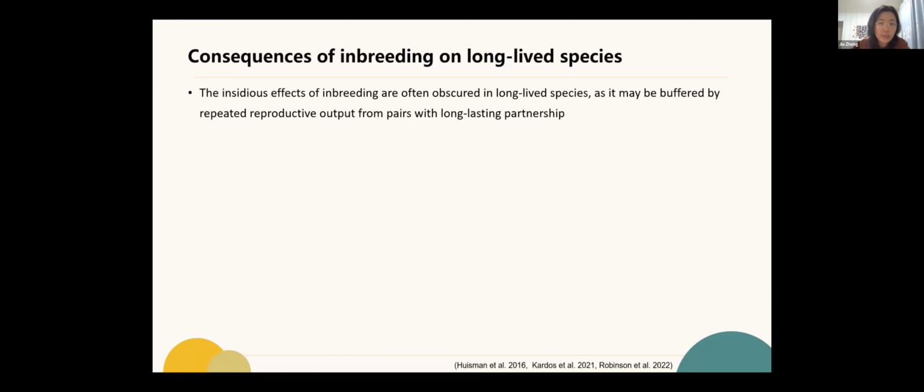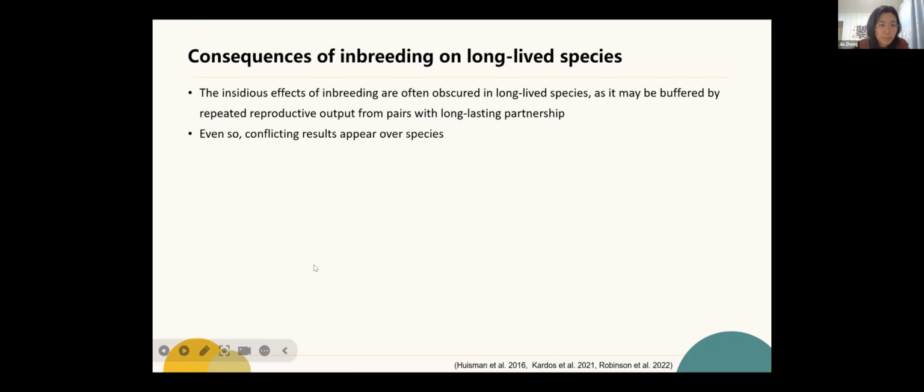The reason is normally long-lived species have a long-lasting partnership. They can breed repeatedly for many years, so this long-term reproduction can buffer the negative effects of inbreeding on the population.